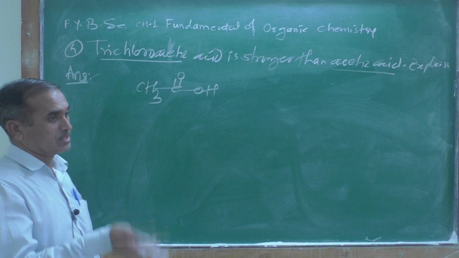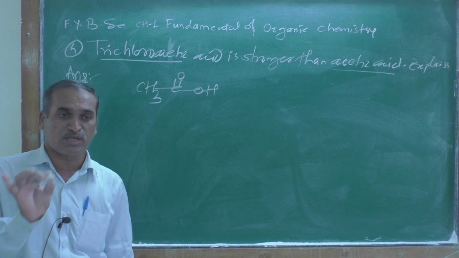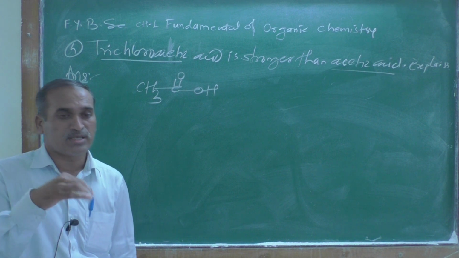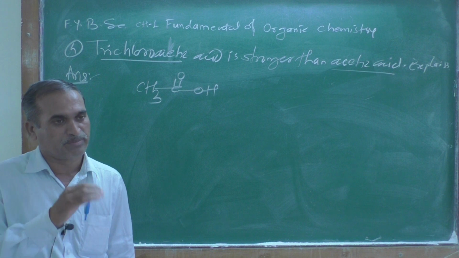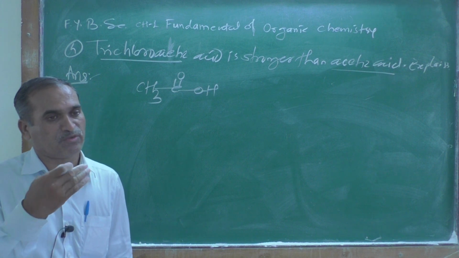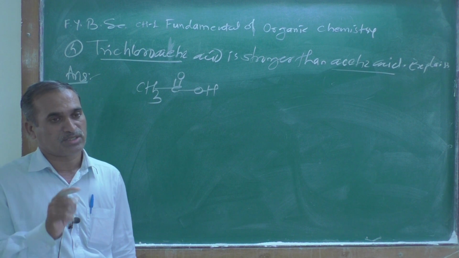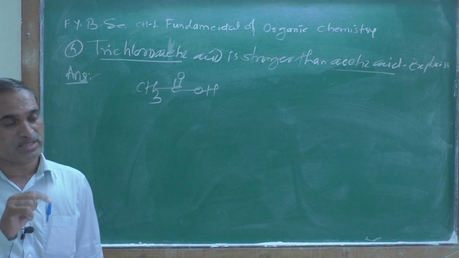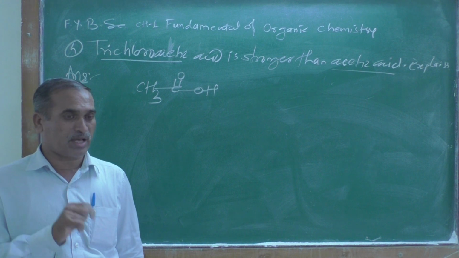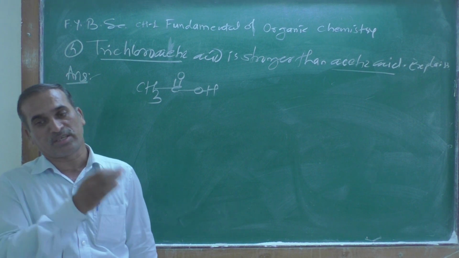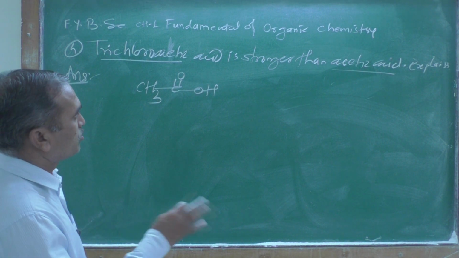And after the dissociation, whatever conjugate base is formed, whether it is stabilized by inductive effect or resonance effect, minus I inductive effect or minus R resonance effect, then it gets stabilized. But if plus I inductive effect and plus R resonance effects are present, they get destabilized.